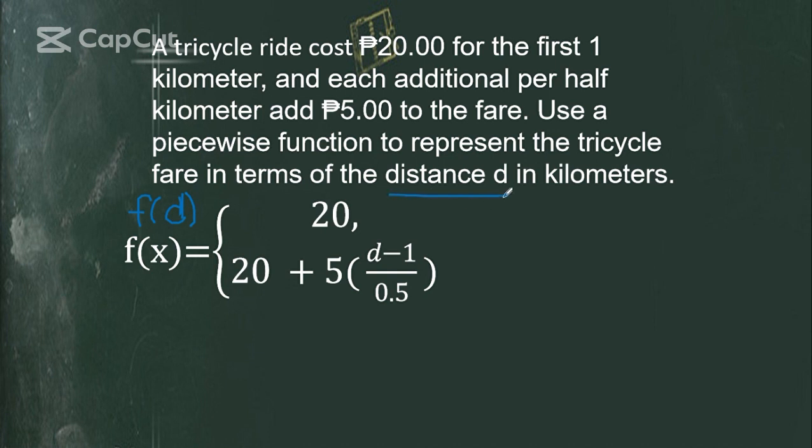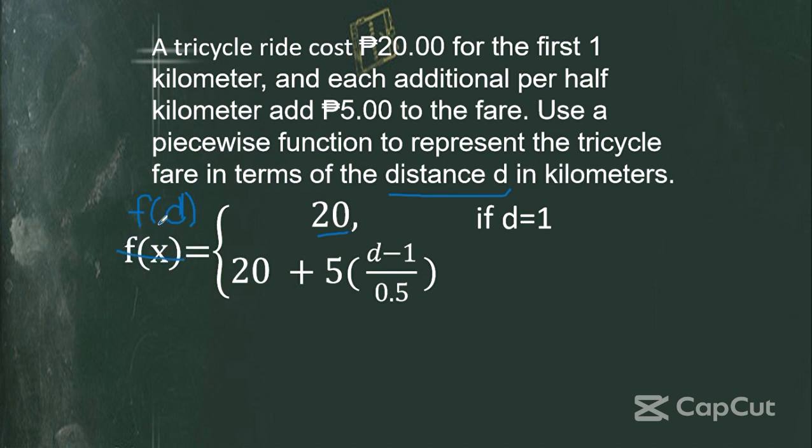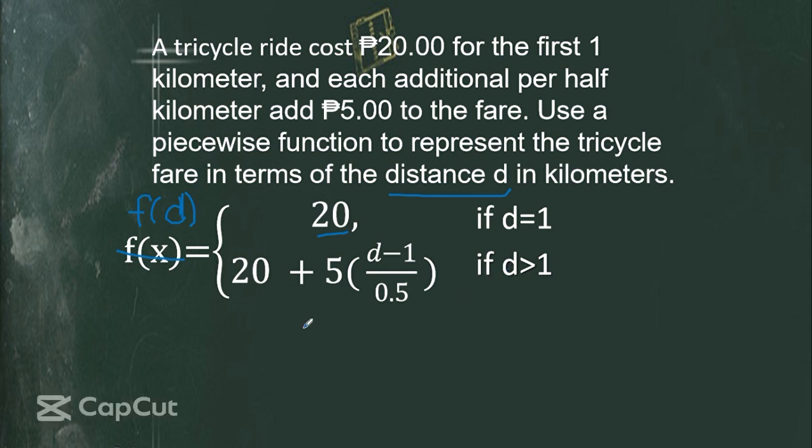So, for the first kilometer of the tricycle ride, you will just pay 20 pesos. So, our first subfunction is, not f of x, we use f of d. f of d is equal to 20. Now, if we have, for example, 2 kilometers, which is greater than 1, this second subfunction will be used.